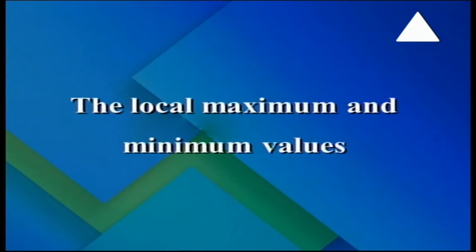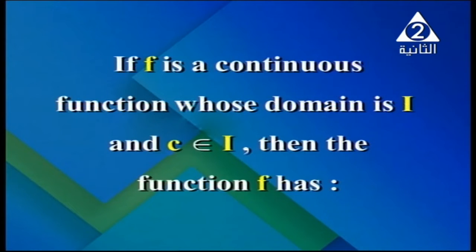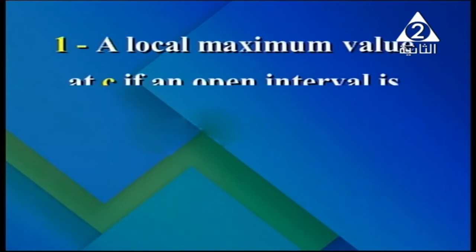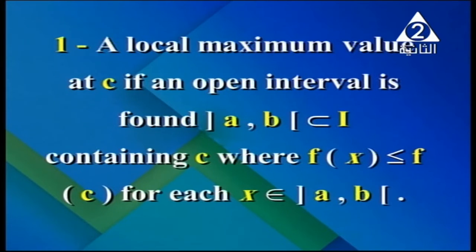What is the meaning of local maximum and minimum value, my dear student? If the function is a continuous function whose domain is I and c belongs to this domain, the function has a local maximum value at c if an open interval a b, a subset of the original interval I containing c, is found where f of x is smaller than or equal to f of c for all x belonging to the open interval a b.